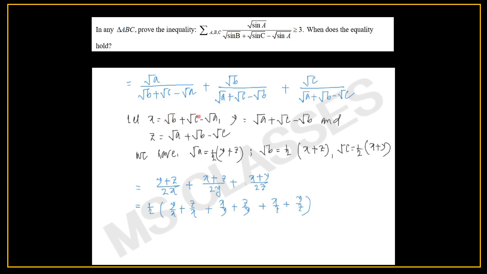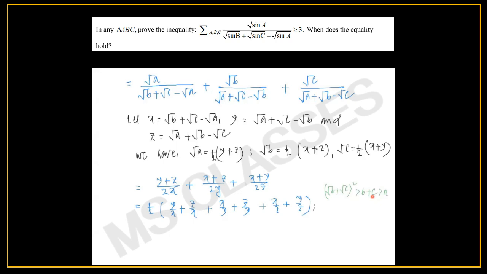Because root b plus root c should be greater than root a. That we can show here. Root b plus root c whole square is definitely greater than b plus c, and that is definitely greater than a, because the sum of two sides of a triangle is greater than the third side.